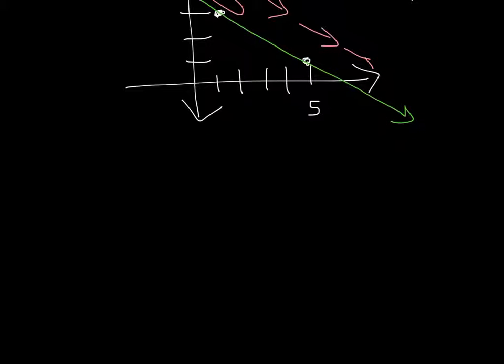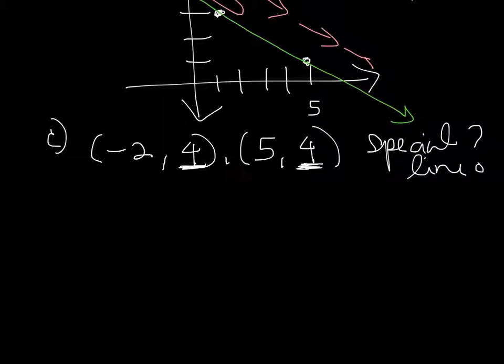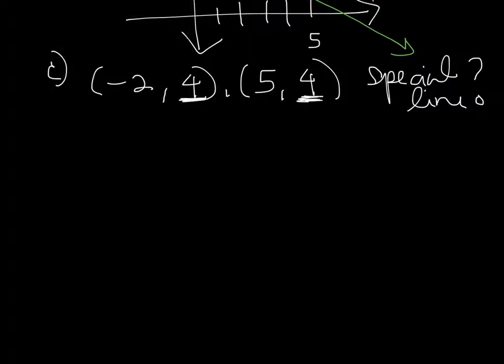Okay, and one more example, or maybe two. (-2, 4) and (5, 4). Notice the y values are exactly the same. That means that this is a special line. Which special line is it, a vertical line or a horizontal line?